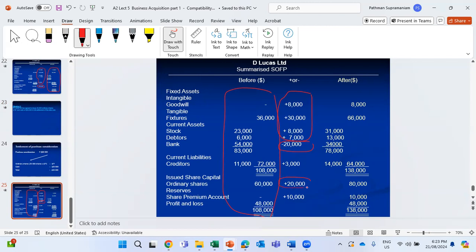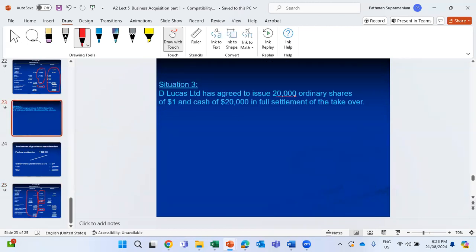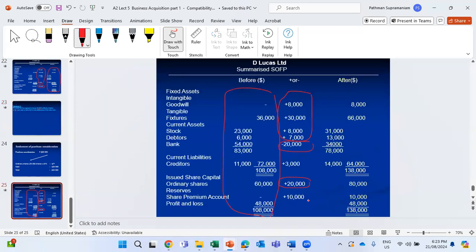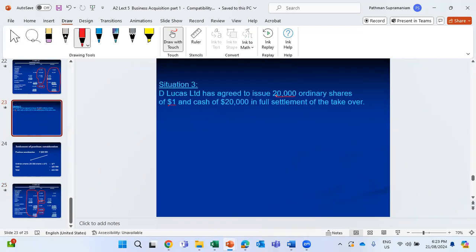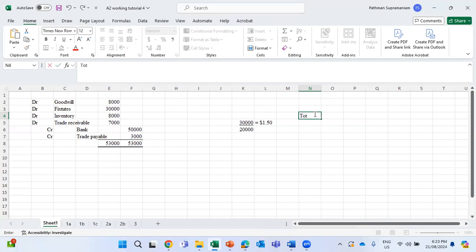So how do we get 20,000 here? It's 20,000 shares multiplied by $1. Okay, and how do we get 10,000? It's 20,000 shares times 50 cents. Okay, it works like this. In this scenario, total to be paid is 50,000.